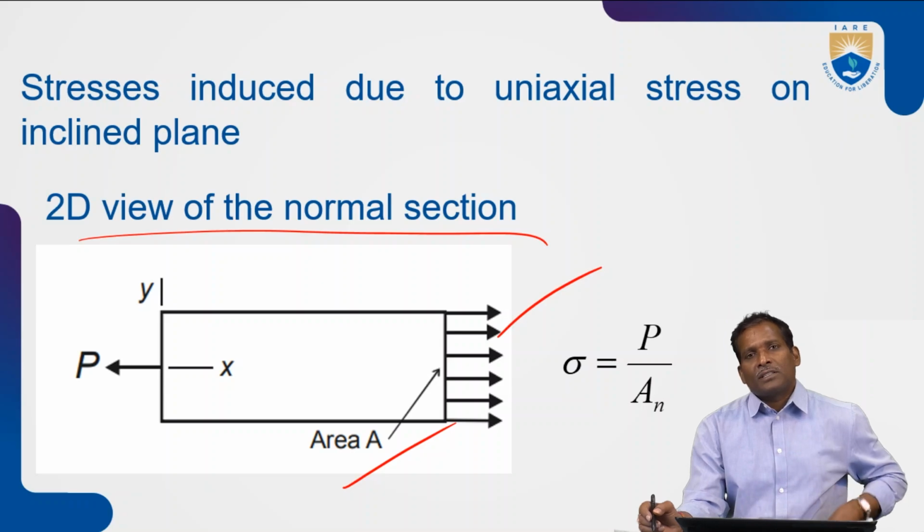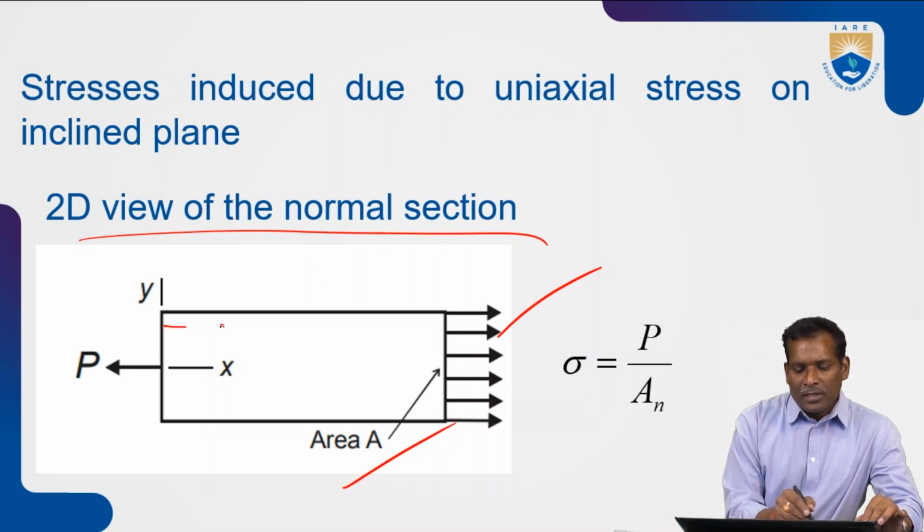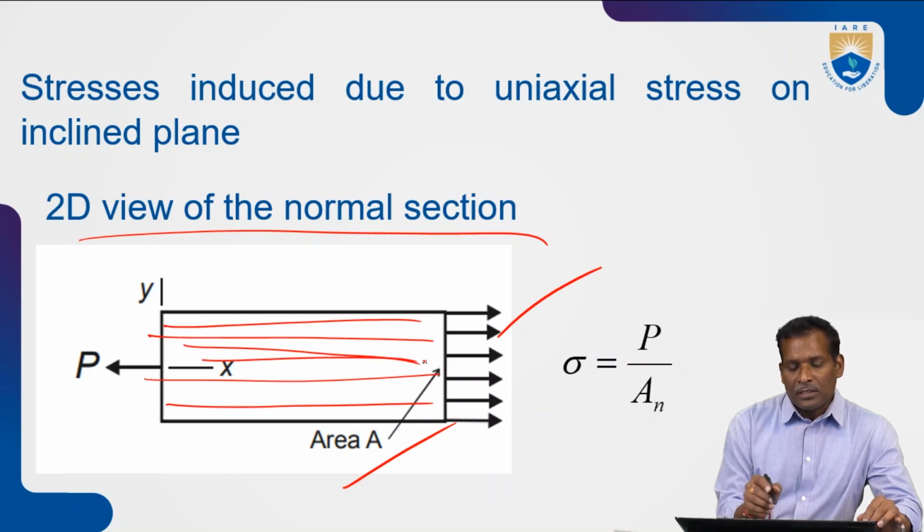That is, the stress distribution lines. The stress distribution lines are uniformly carrying, so there is no disturbance in this bar. Why? Because there is no irregularity.